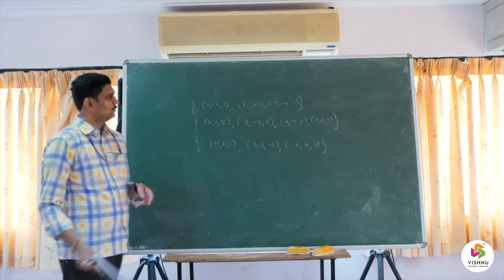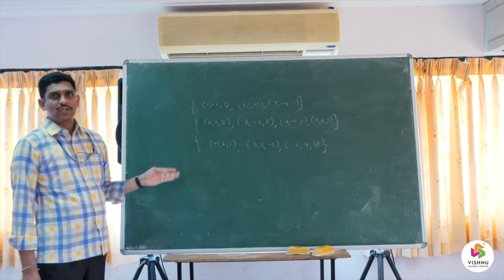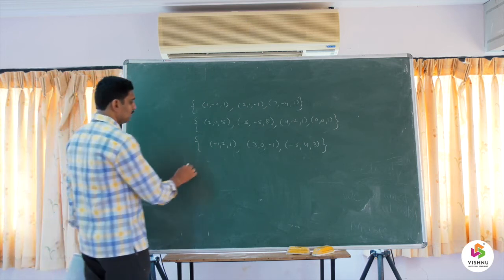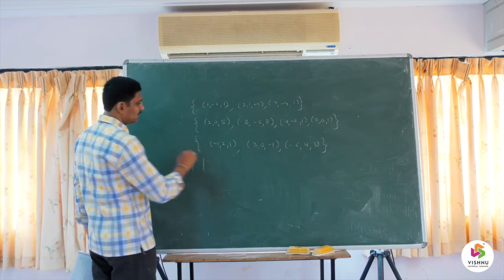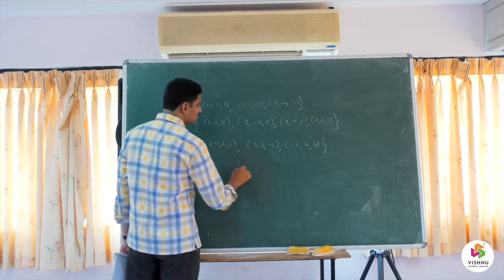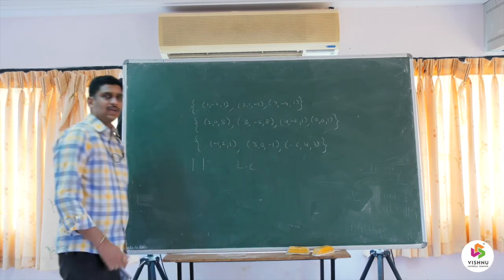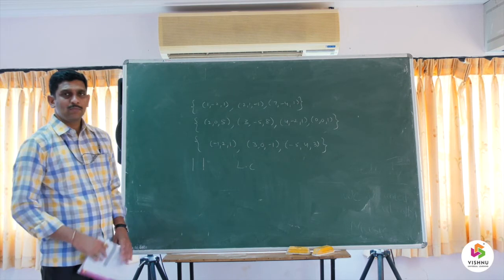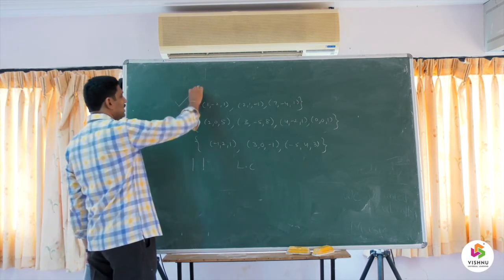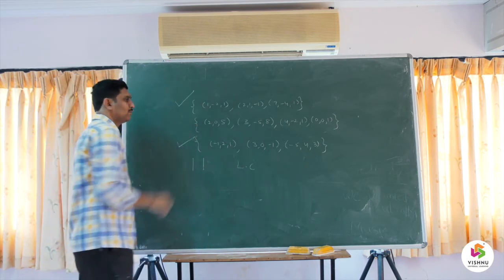Now I request you to solve these problems using two techniques, that is, you can do the determinant method and you can apply the linear combination method. However, these two techniques are applicable for problem number 1 as well as problem number 3.